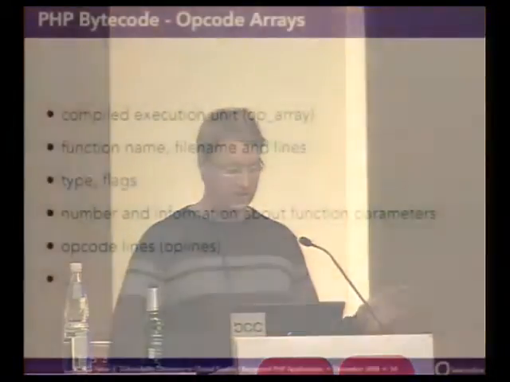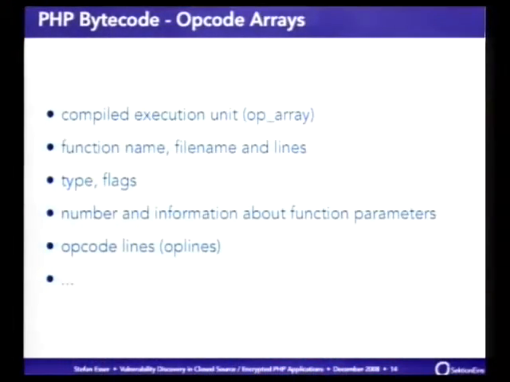So far, I already spoke about PHP bytecode, but what actually is PHP bytecode? When PHP developers talk about PHP bytecode, they usually mean the opcode arrays. And opcode arrays are some internal structure within the Zend engine, and they are the smallest compilation and execution unit that exists.